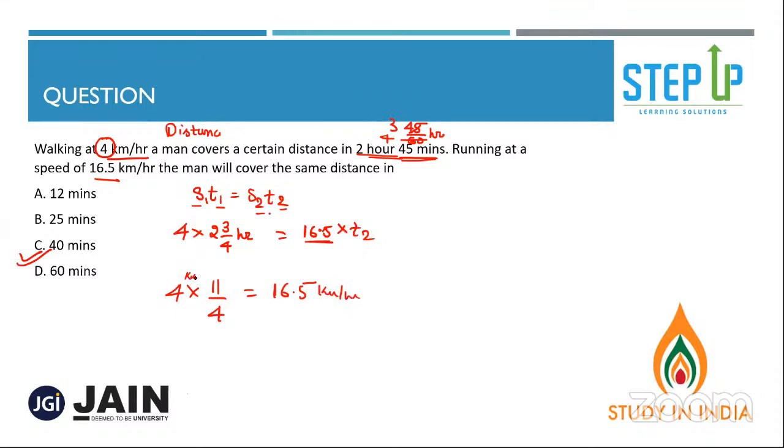Don't pay attention to all this because anyway this will get cancelled. This we need to convert into minutes, so into 1 by 60 will convert into minutes.